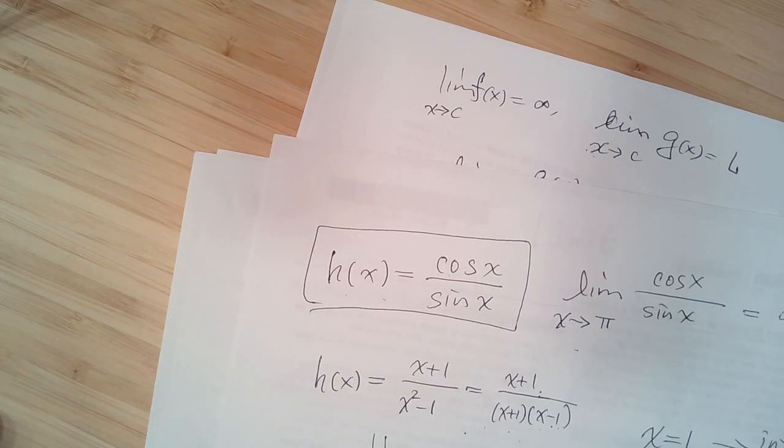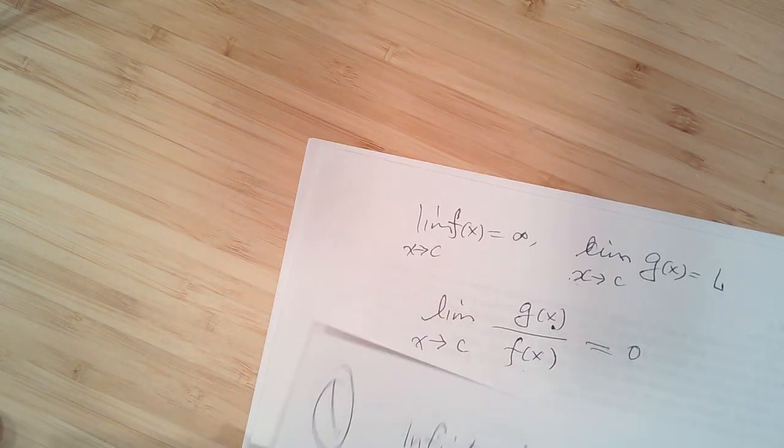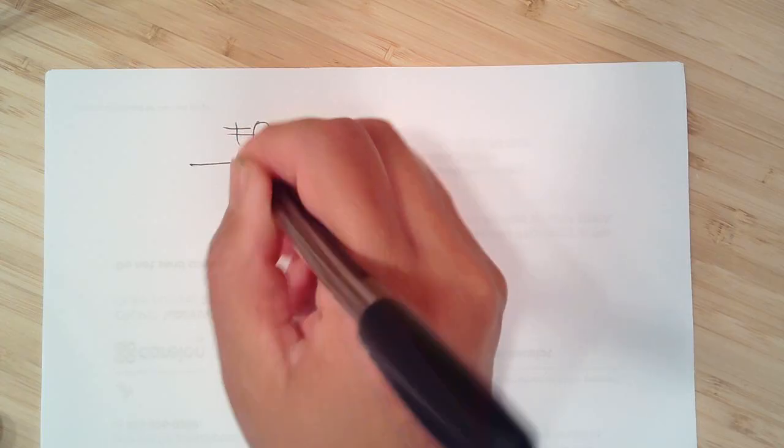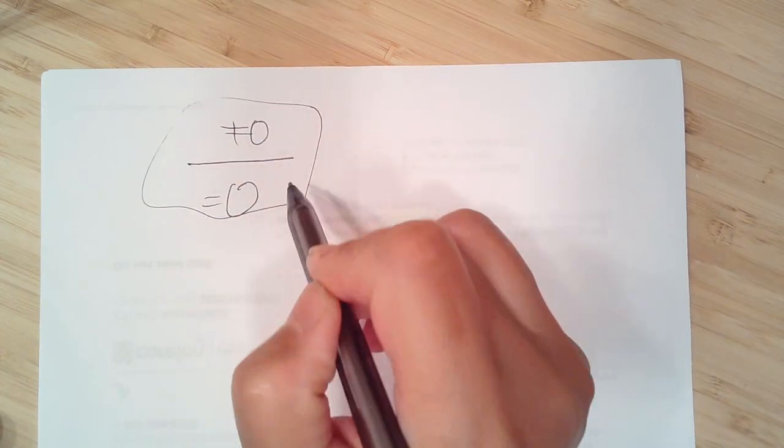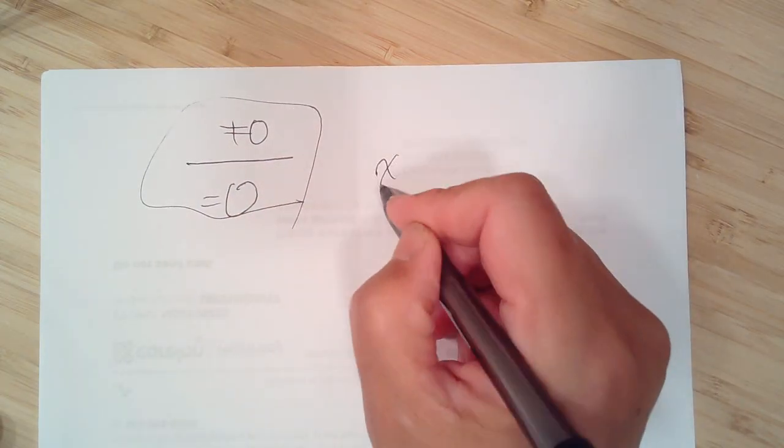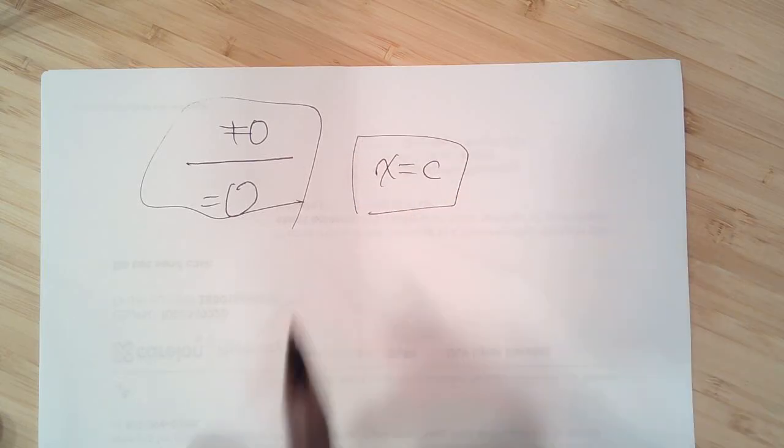So if I ask you, in the question somewhere, to find the limit, or tell me where the graph of the function has vertical asymptotes, you just need to find the x value that makes the denominator 0 and the numerator not 0. Whatever c makes this happen, x equals c is your vertical asymptote.